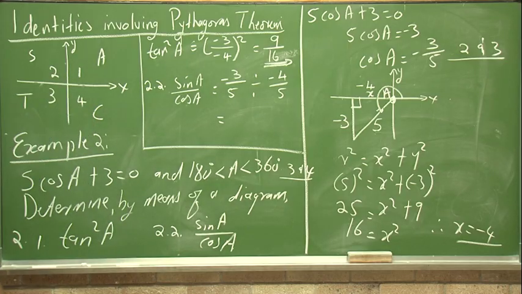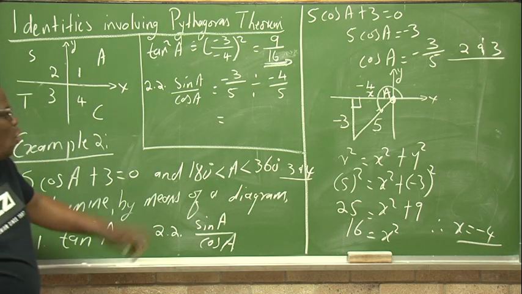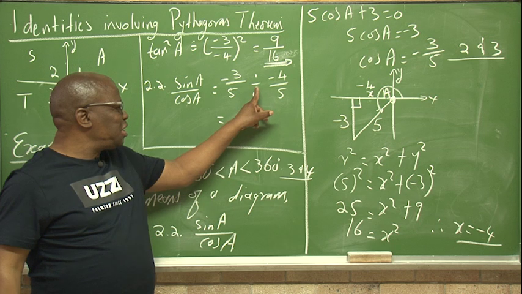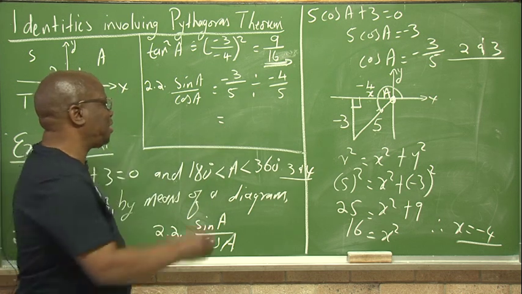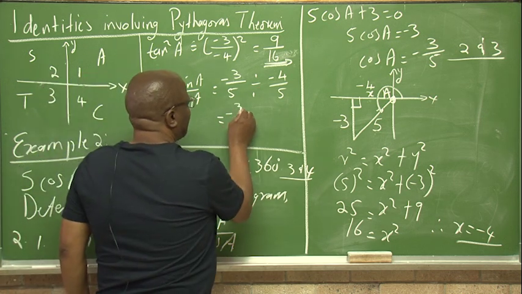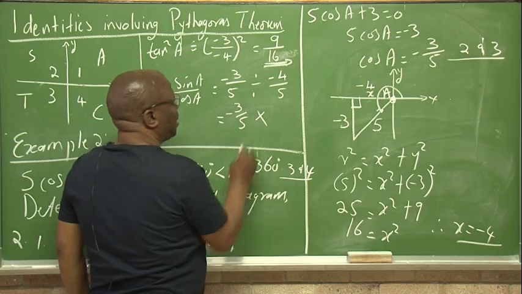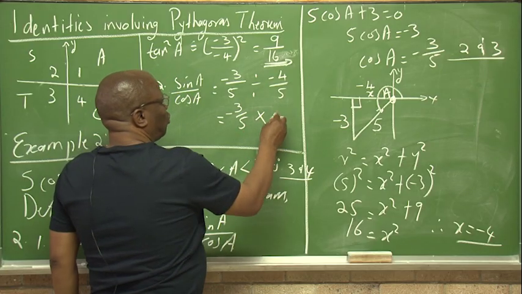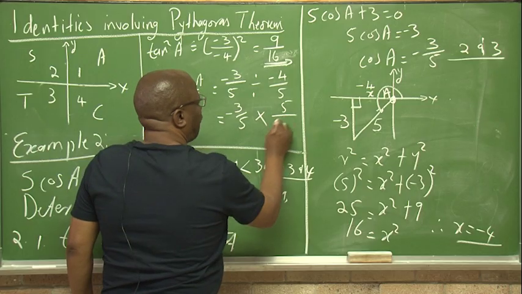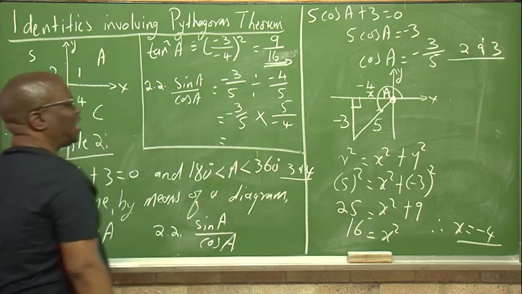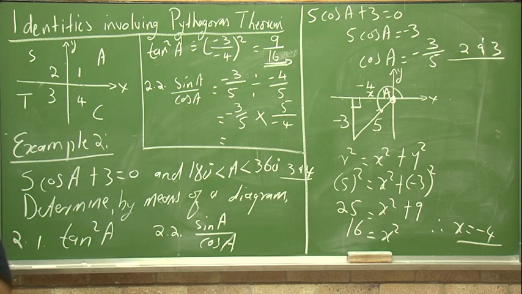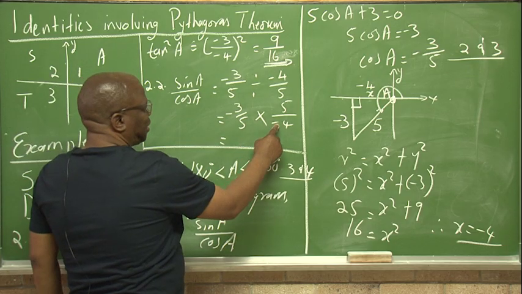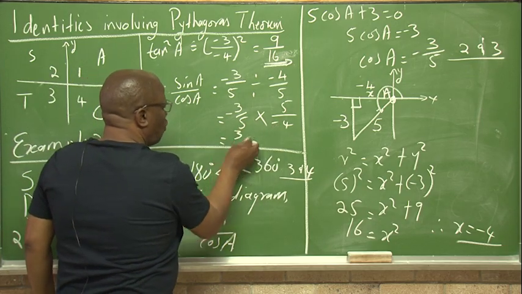What answer do we get? Remember the laws of fractions. When you divide fractions, you need to change division to multiplication. So you've got negative 3 over 5, and now you multiply by 5 over negative 4. Negative and negative will yield positive, so we are left with 3 over 4.